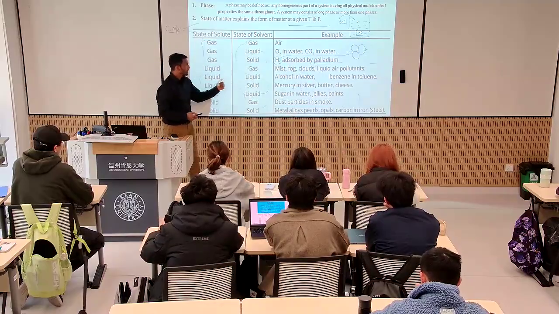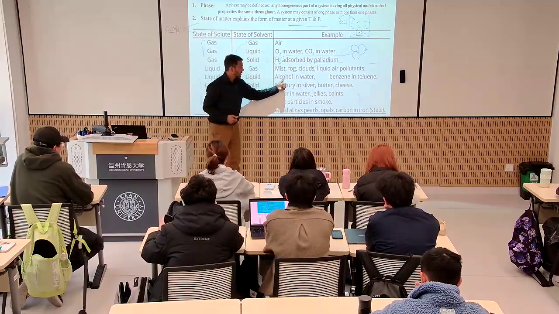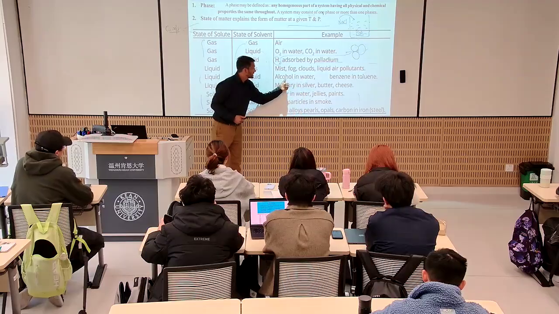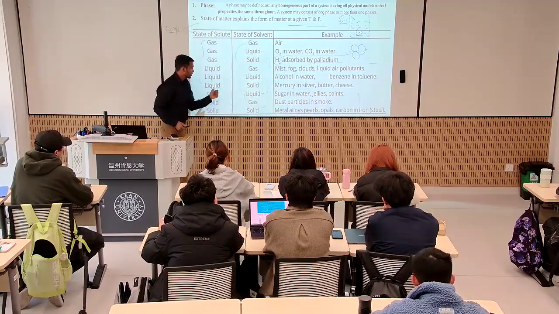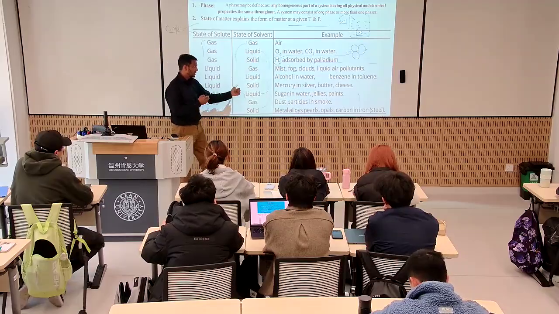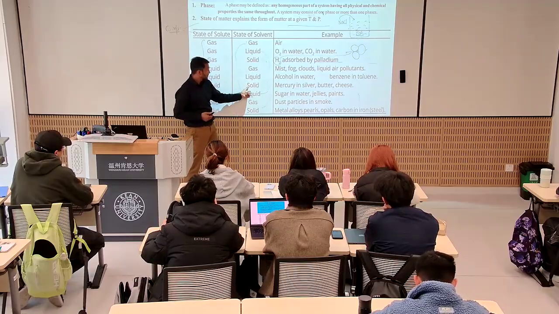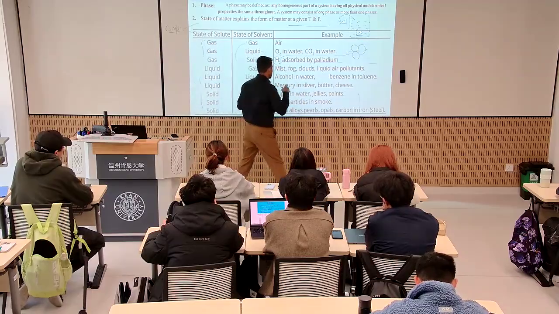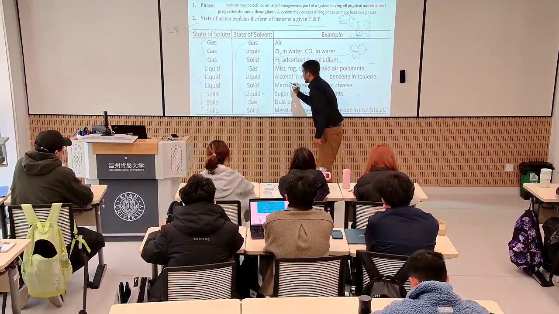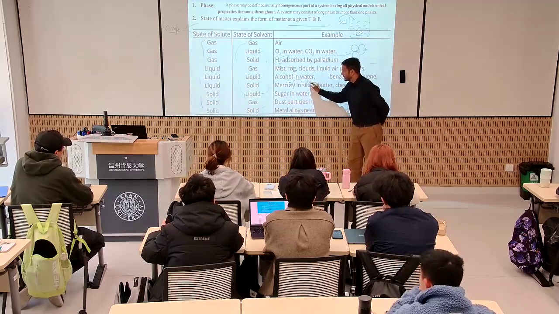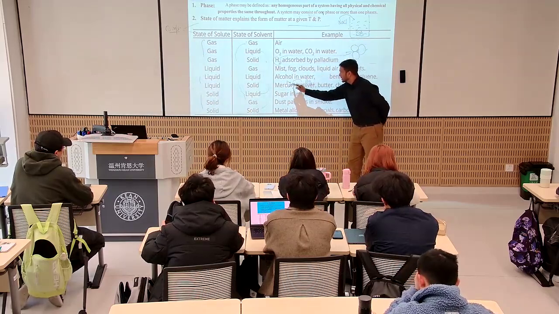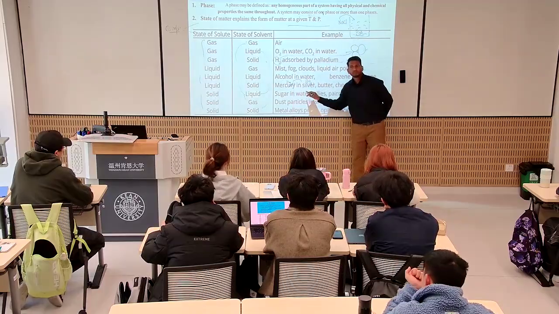Liquid and liquid. You dissolve alcohol in water. So this is liquid and liquid. Liquid and solid. The solute is liquid and the solvent is solid. For example, mercury and silver. Mercury is a metal in liquid form. When you mix it with silver, which is solid, this is called amalgam.